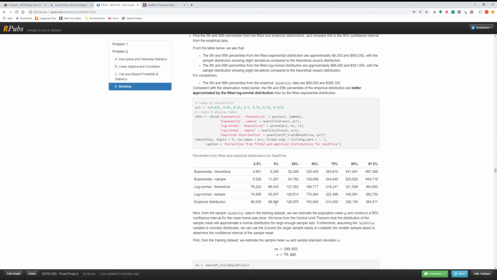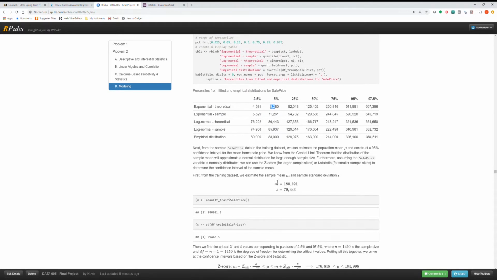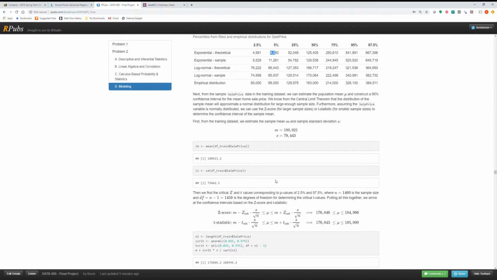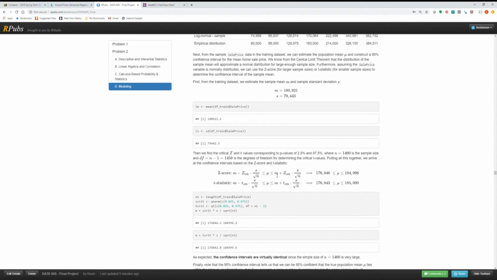From the empirical distribution, for instance, we see that the 5th percentile is 88,000, and the log normal gives us approximately 86, which is very close, whereas the exponential gives us a number about 10,000, which is way off from the empirical distribution.